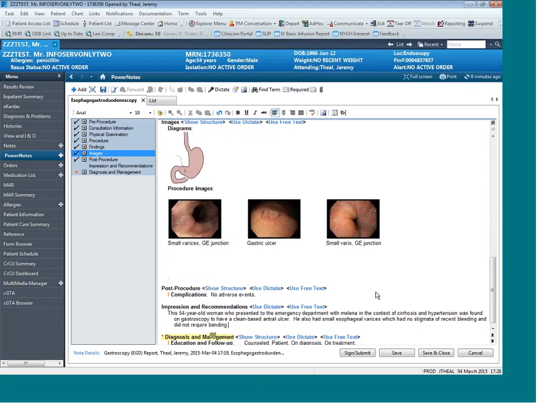The ulcer itself was not actively bleeding and did not require any endoscopic treatment at this time. I would recommend proton pump inhibitor therapy for this patient.